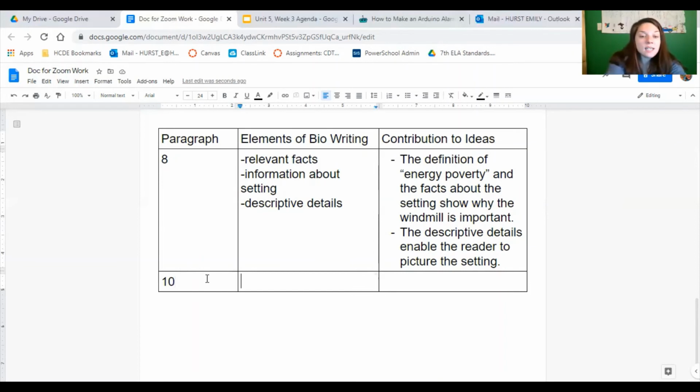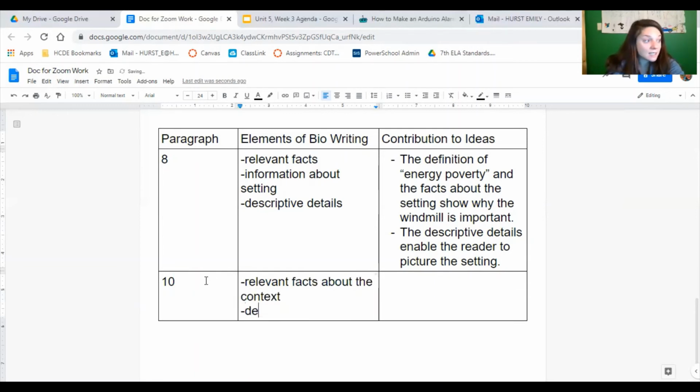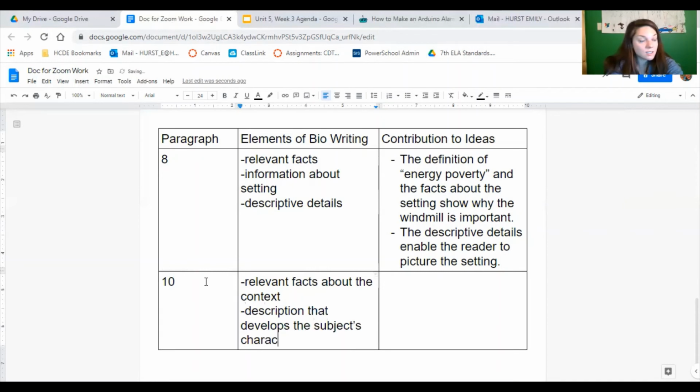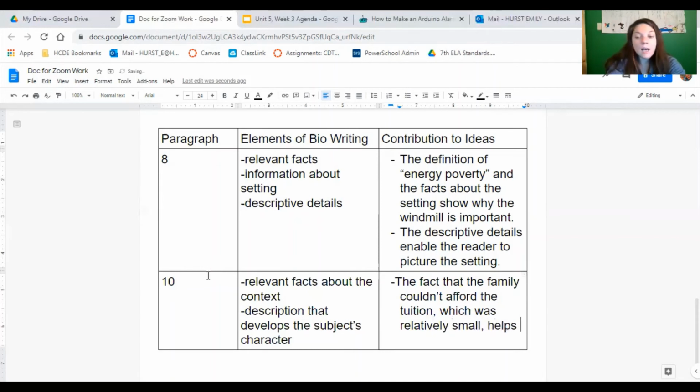So what did this include? I said it included relevant facts about the context and description that develops the subject's character. So how does that contribute to the idea? So the fact that the family couldn't afford the tuition, which was relatively small, to us at least, helps build context for the setting, right?